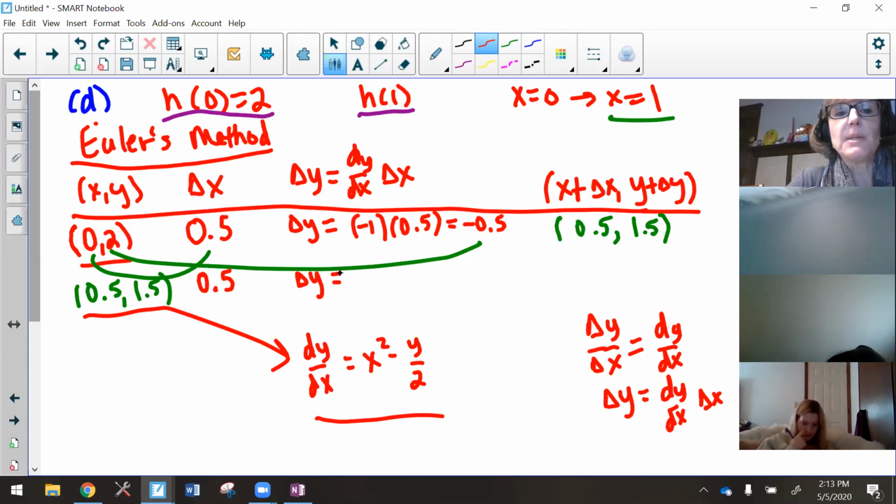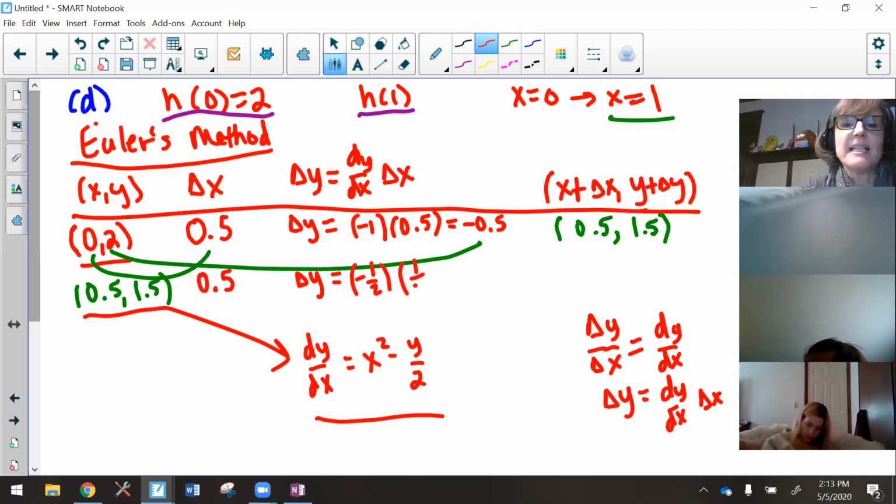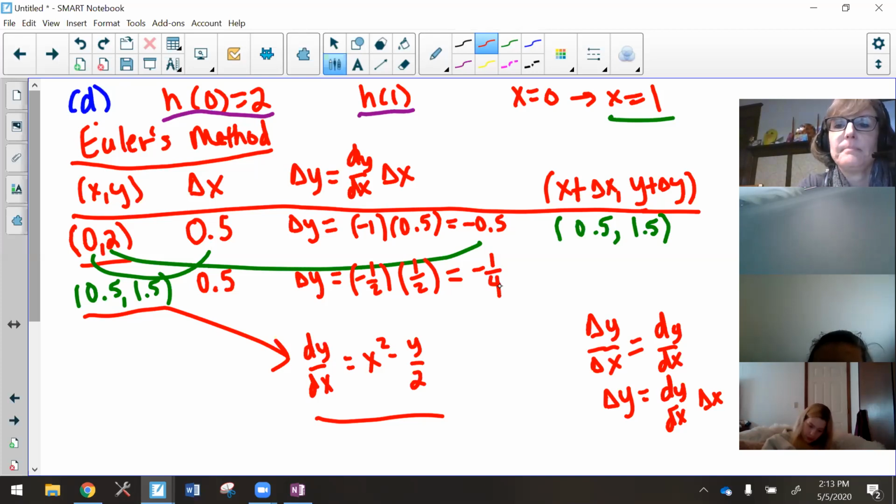So what do I get for dy dx when I use my point 0.5 comma 1.5? -1/2. My delta x is 0.5 or 1/2. And that gives me -1/4, or -0.25.